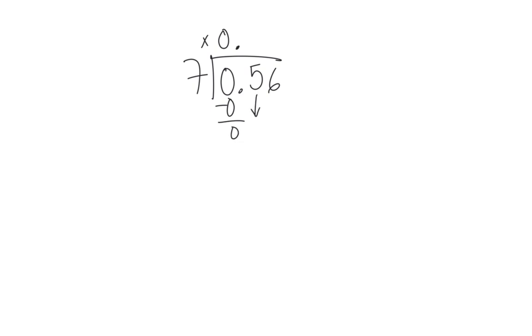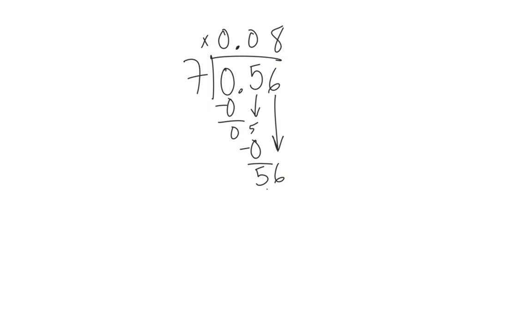So now I just bring down my 5. Now, how many times can 7 go into 5? 0 times again. So 0 times 7 gives me 0. And then I bring down, subtract, 0 minus 5 gives me 5. And then I just bring down my 6. Now, how many times can 7 go into 56? Well, it's going to be 8.